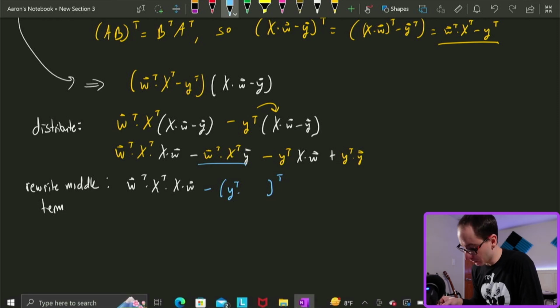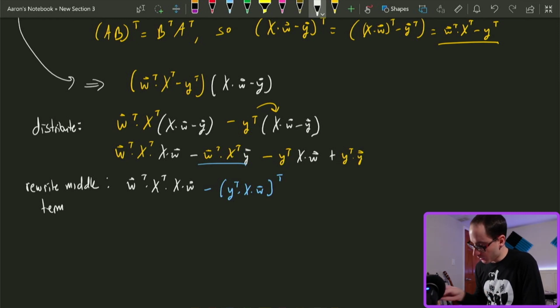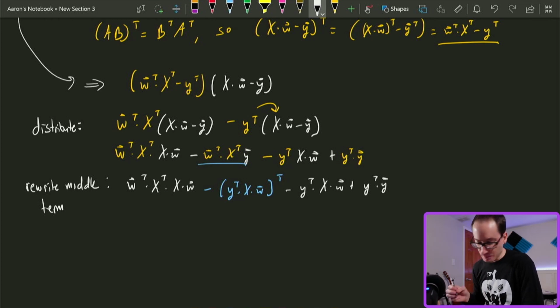So I'm going to have Y transpose dot X dot W, and the X and W no longer have transpose because I factored that out right here. Looks good. And then any other rewriting, not right now. So let's just copy this down. Y transpose dot X dot W plus Y transpose dot Y. Rewrite our middle term there.